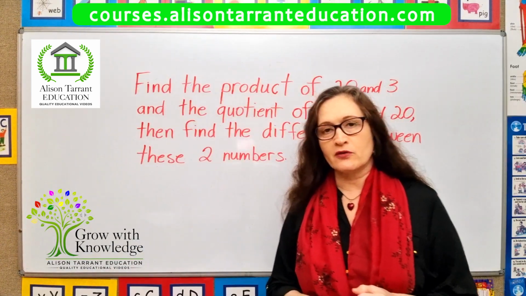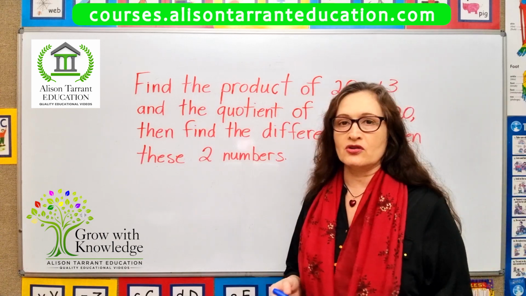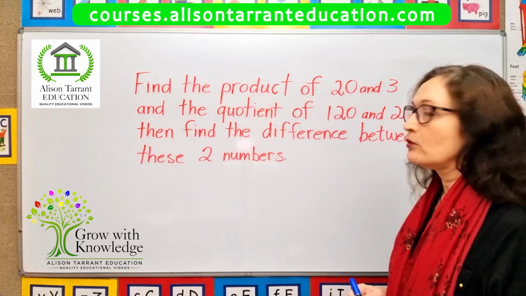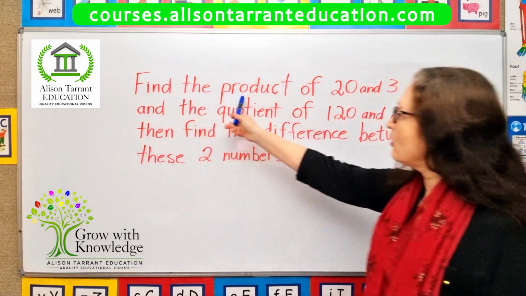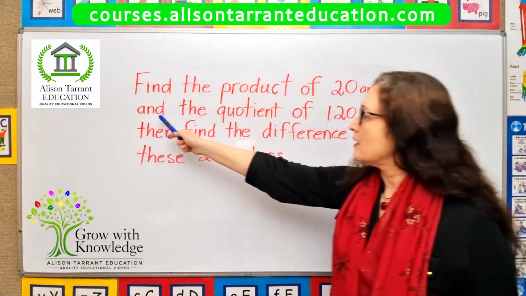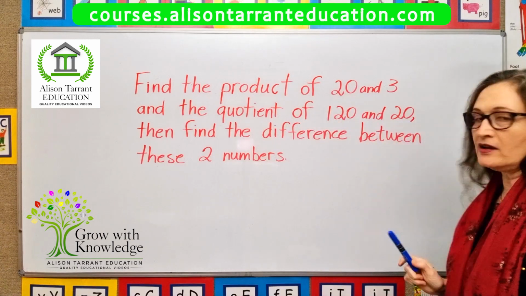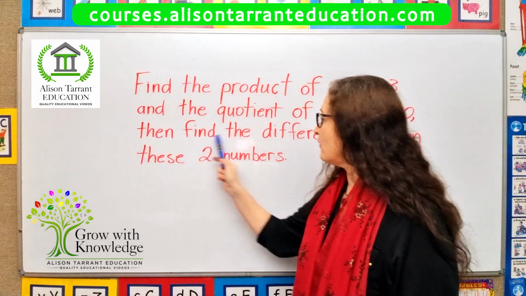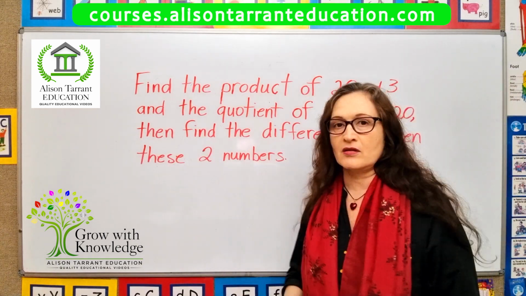And now we'll go over a word problem that you will find in a harder test or a harder worksheet. And it will be a question like this. Find the product of 20 and 3 and the quotient of 120 and 20. Then find the difference between these two numbers.